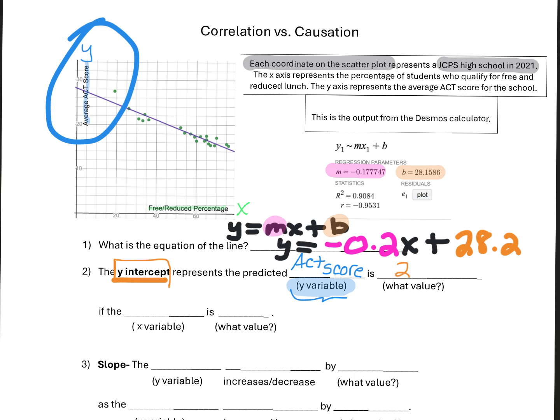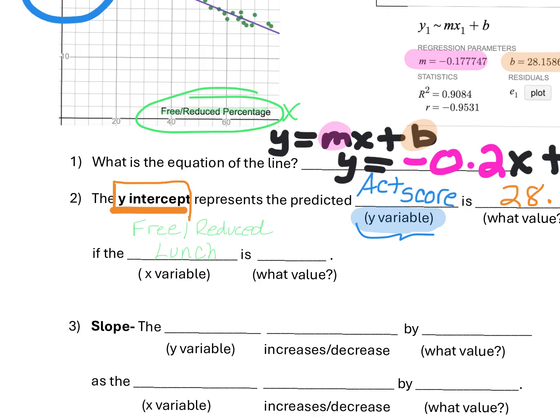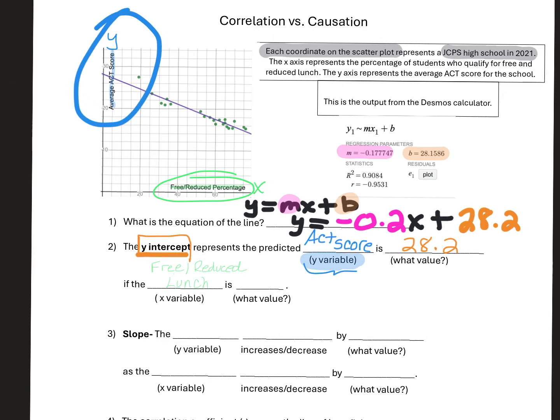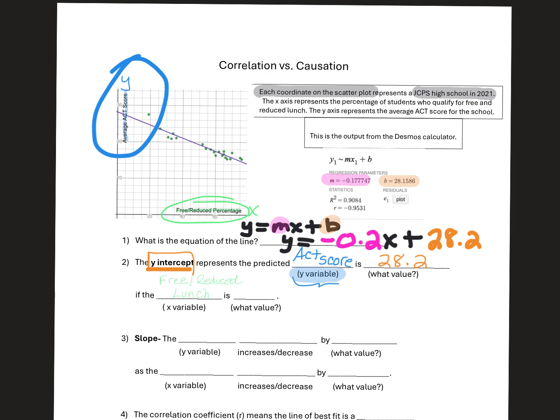So the y-intercept tells us that the predicted ACT score is 28.2 if the x variable is zero. And what is the x variable again? Remember, the x variable is students who qualify for free and reduced lunch. So what is the value for free and reduced lunch if my y-intercept is up here?